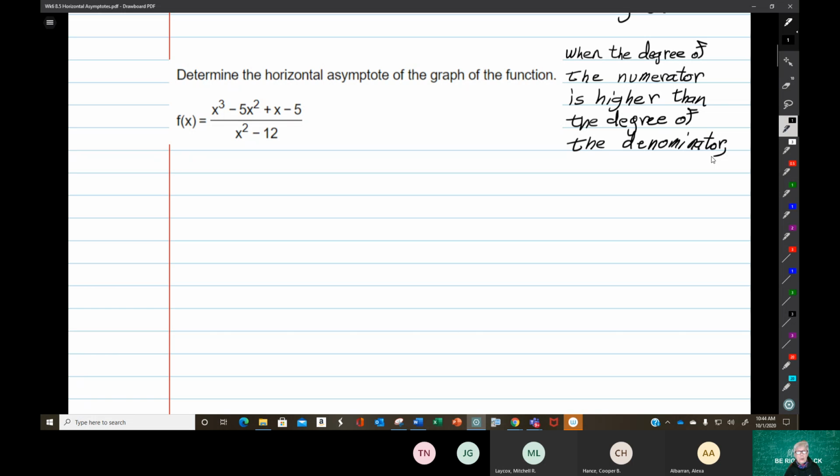When the degree of the numerator is higher than the degree of the denominator, you don't have a horizontal asymptote. You do have a different kind of asymptote. It's called oblique, but we don't learn about that in this class. So it's enough for this class to say there is no horizontal asymptote.